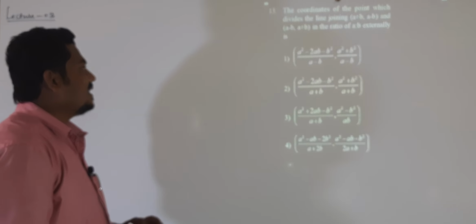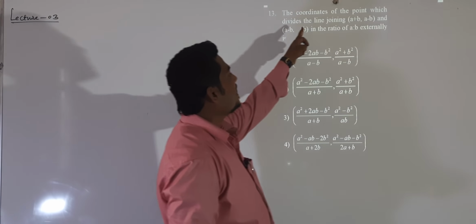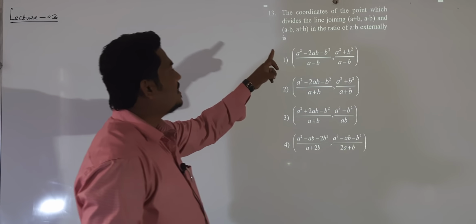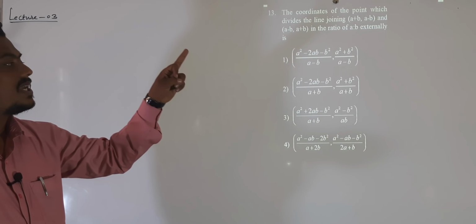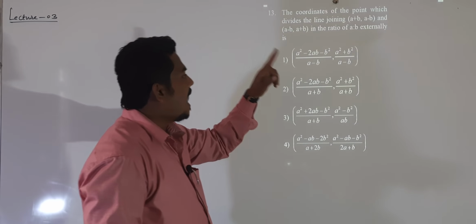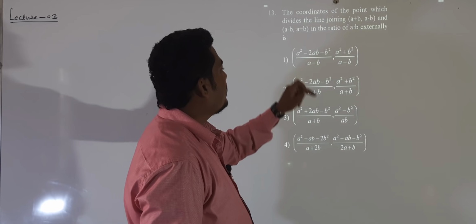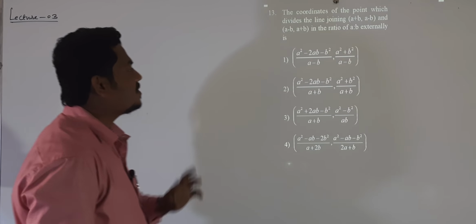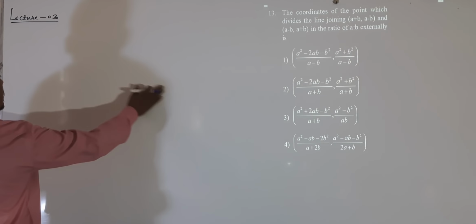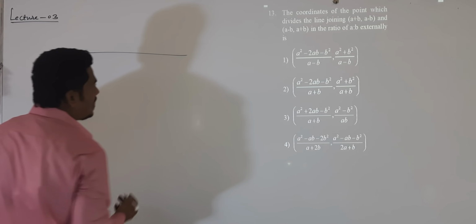Next question number 13. Coordinates of the point which divides the line joining A plus B comma A minus B and A minus B comma A plus B in the ratio of A is to B, right?